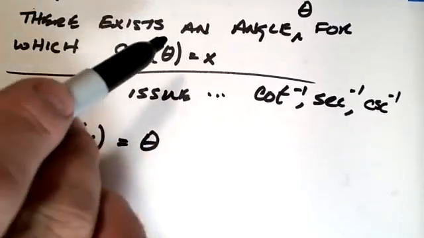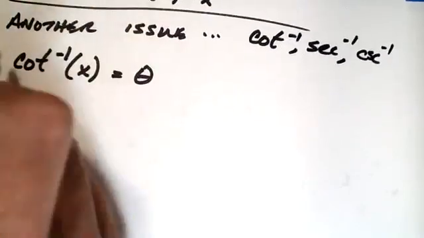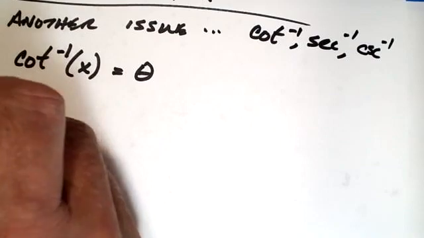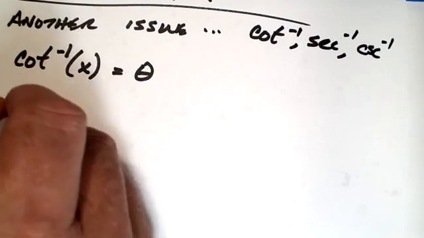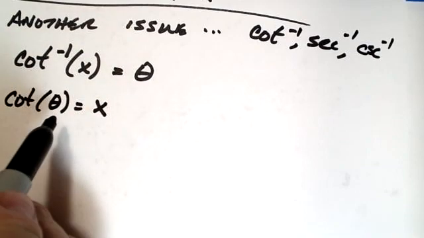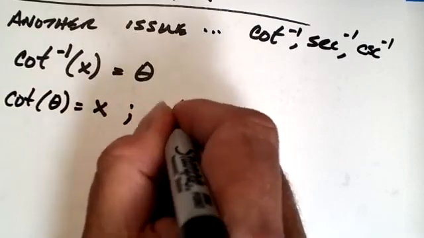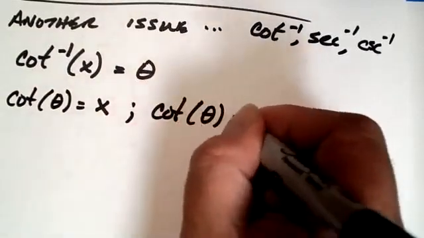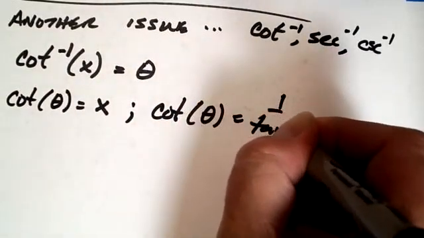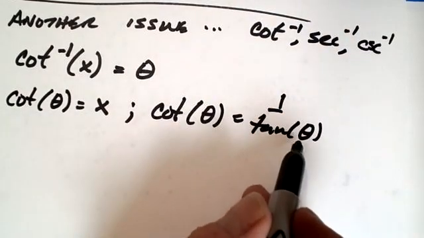This statement is equivalent to the statement cotangent of theta is equal to x. Now we know x, we want theta, but cotangent of theta is equal to 1 over tangent of theta, right? That's a fundamental identity.